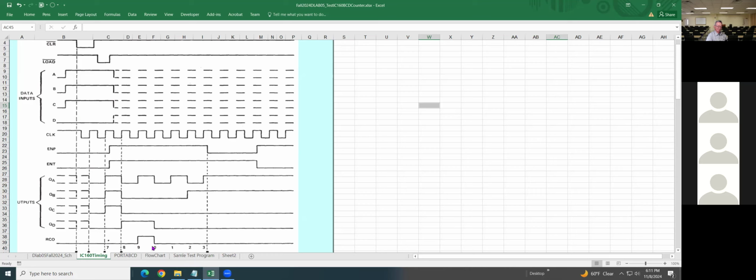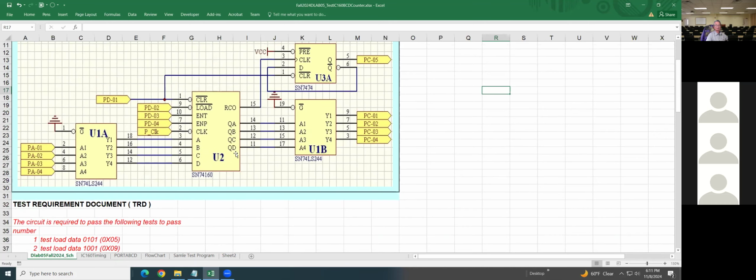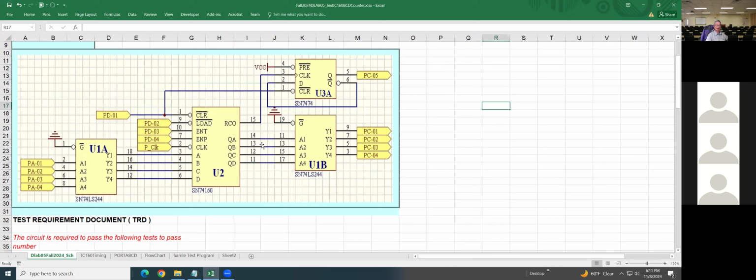And so on the schematic, the ripple output, is that PC5 by chance? Yeah. Ripple carry out goes high when counter reaches number 9. So its output is PC5, right? Okay, I can write in here.